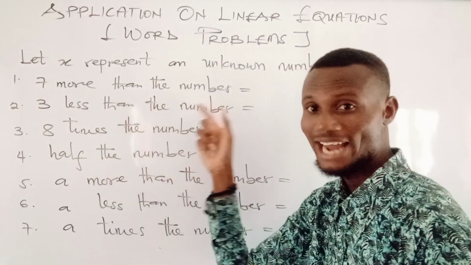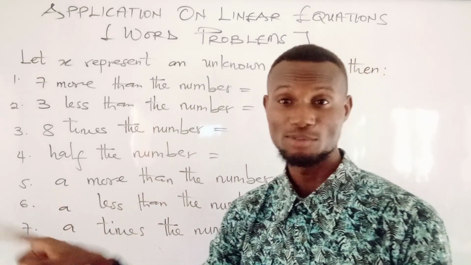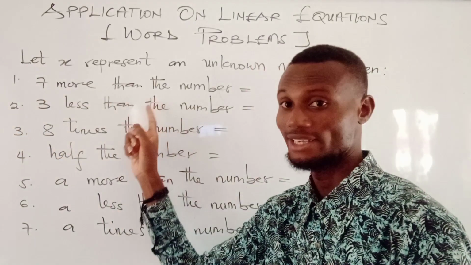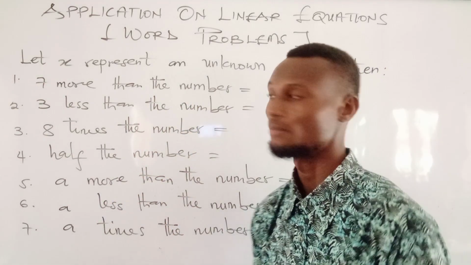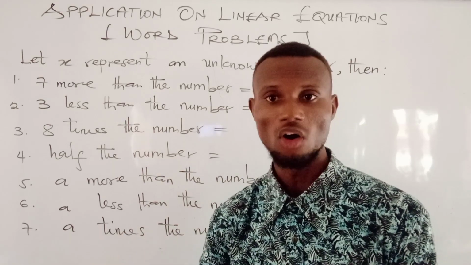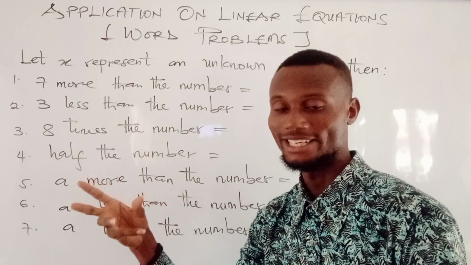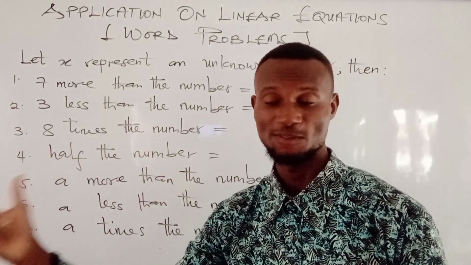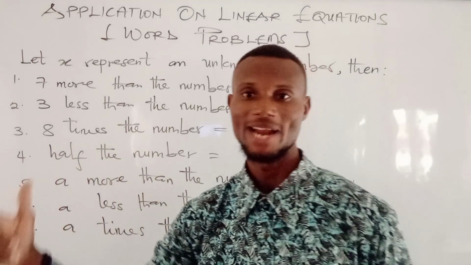So 7 more than S. For us to write an expression in terms of S for this statement, it's going to be the number S plus 7, because it says 7 more than the number. The number is S, so the expression is S plus 7.